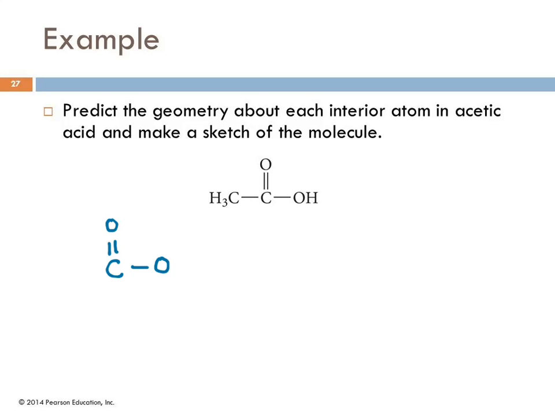And here's an oxygen, and it's got an H next to it. That means that that hydrogen is bonded to this oxygen. And then over here, we've got another carbon, and H3 tells us there are 3 hydrogens attached to that carbon. So we're going to spread it all out and show all of the bonds.